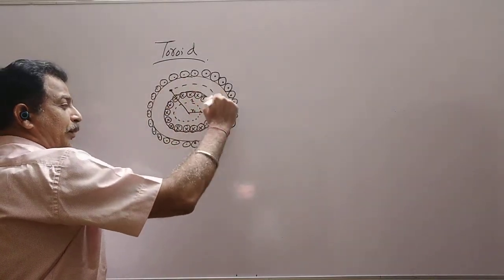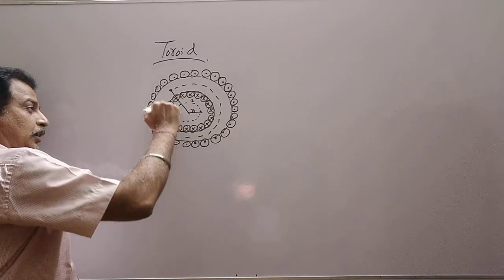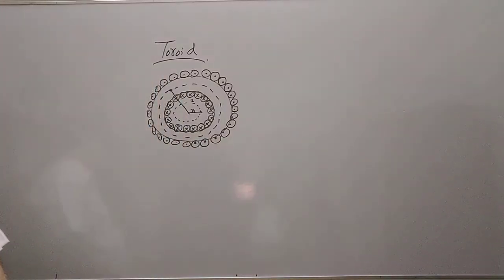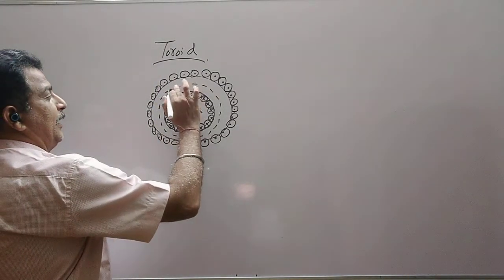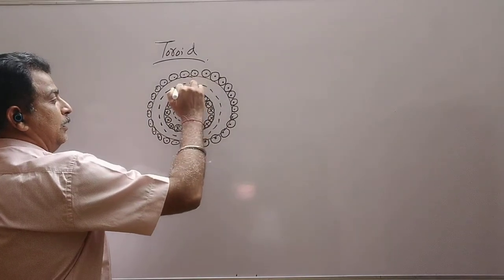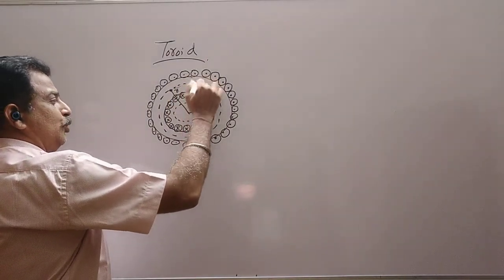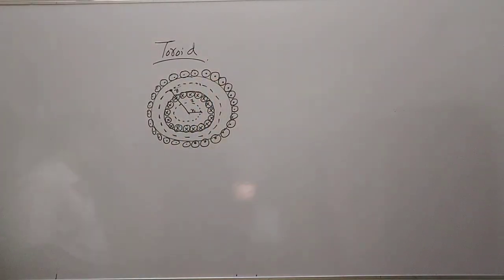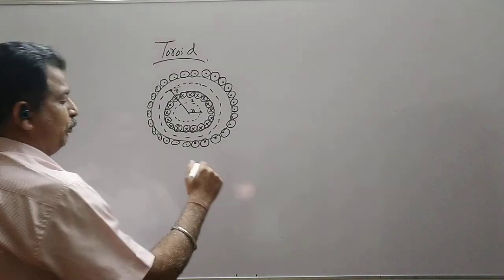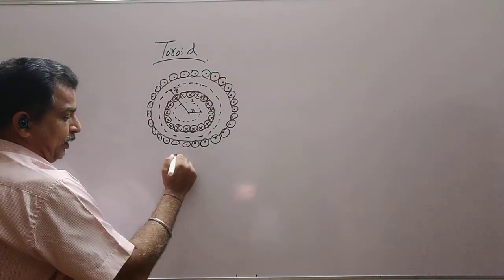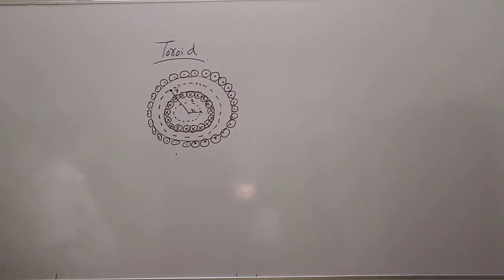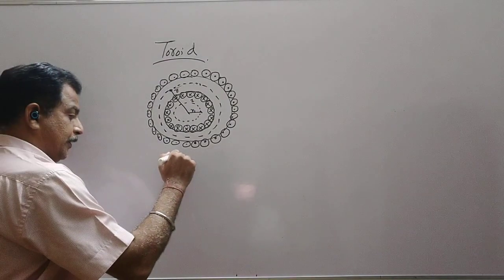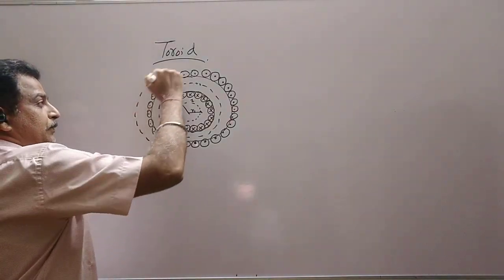This is your loop number 2. Let the radius be R2, or let us assume this as R. And then we have a third point outside the toroid, say this point. Now this is loop number 3.